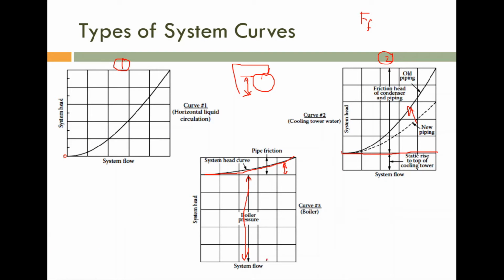If you are pumping fluid to a boiler with this flow rate, then the pump has to provide sufficient pressure to overcome this system friction. This much friction, this much pressure, at least the pump has to give this much pressure. So that is very important.